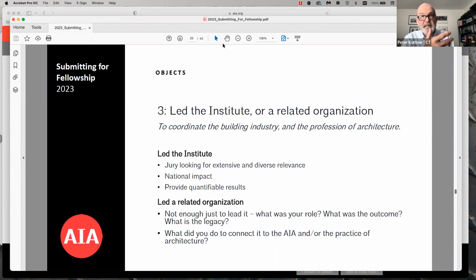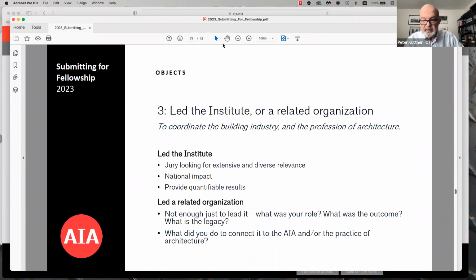So if you're active in those related institutions, it counts pretty much the same, and you would be in the same object as being on the AIA. But generally, it means being on boards, possibly being president, being a director, running an important program within that organization, and being able to tie it closely to the profession.